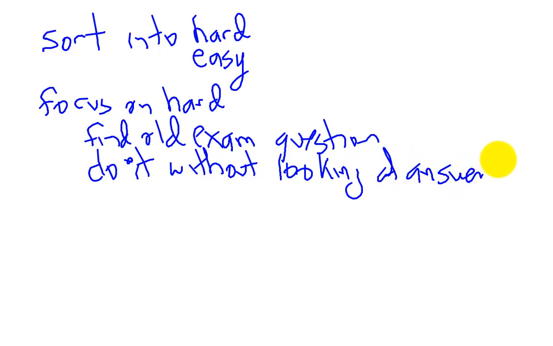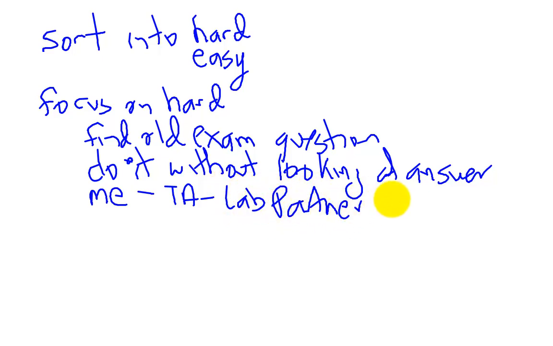And then either show it to me, come to office hours, or show your TA, or your lab partner, or your study buddy. Show it to somebody. So an effective way to study is to sit around doing exam questions, and when you're done, before you look at the answer, show it to somebody.